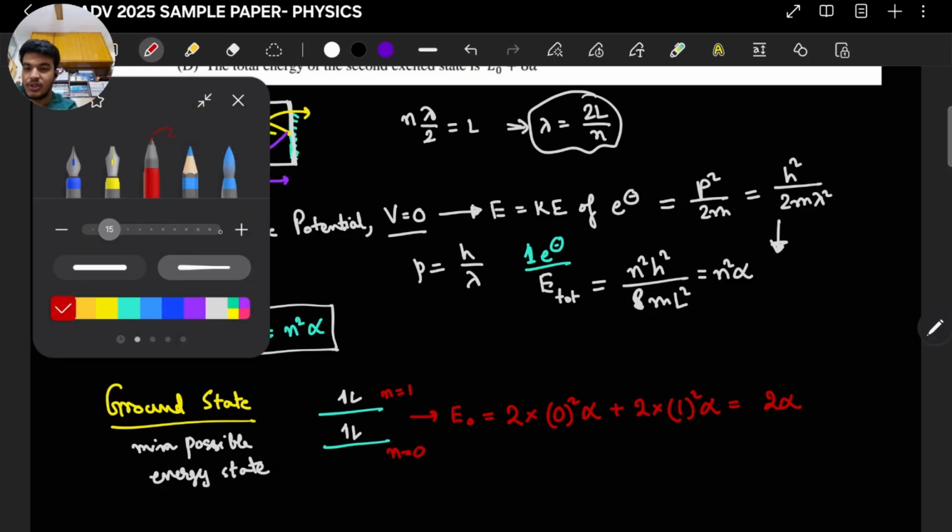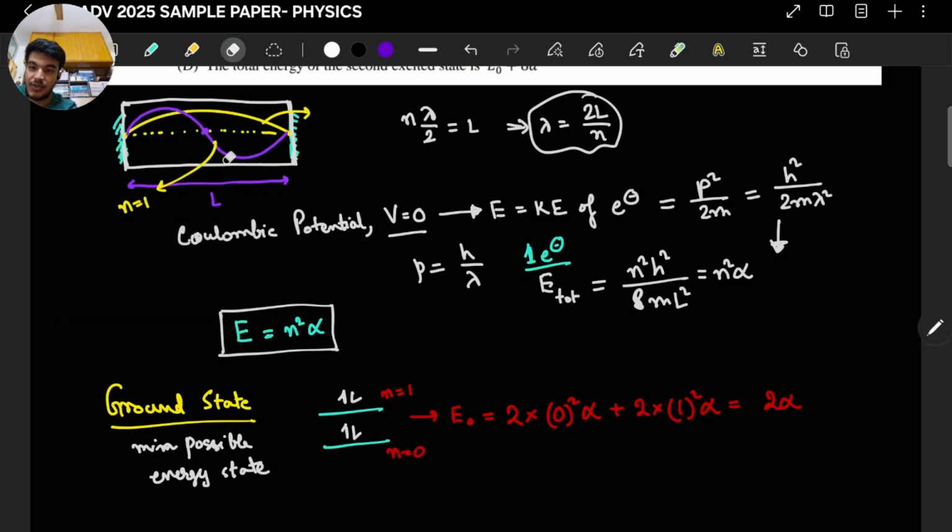I have made a very big mistake, I'm sorry guys. This is not the n equal to 0 state, it is the n equal to 1 state, and this is the n equal to 2 state. It is not the 0 state, because the first state also has some energy. It's not 0 energy, because if I put 0 here, then my total energy would be 0. But this wave also has some energy, right? It can't be 0 energy. So this is n equal to 1.